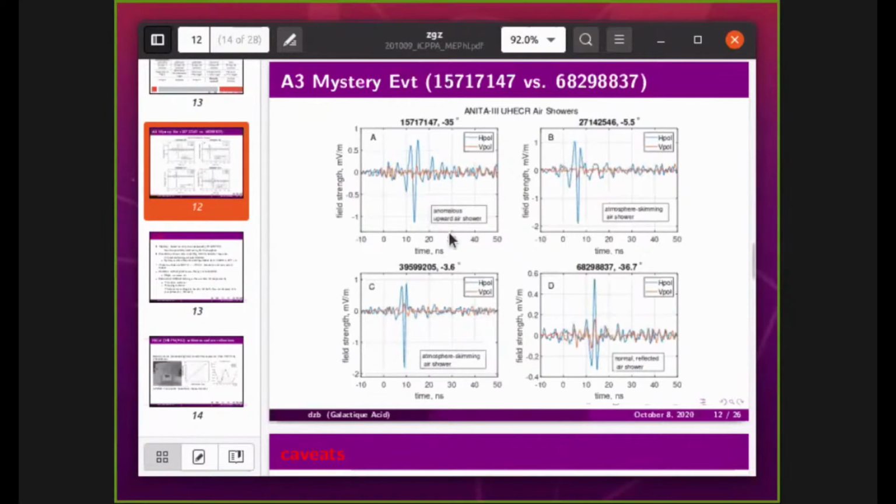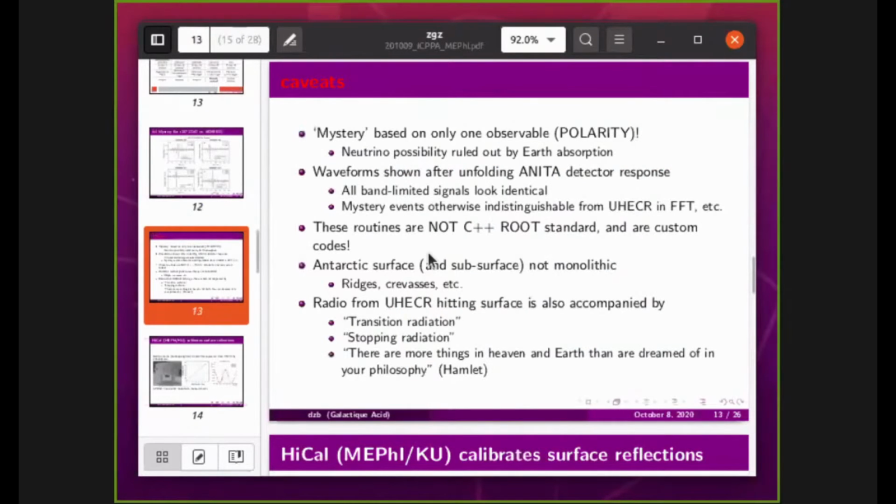So the question is, why is it that this signal, which should have been reflected and inverted, has a polarity opposite to the pattern indicated by most of the events that Anita observes? Now, a couple of caveats about this.